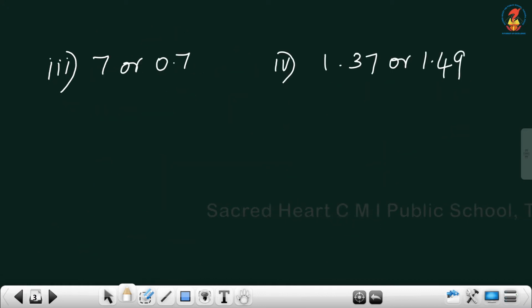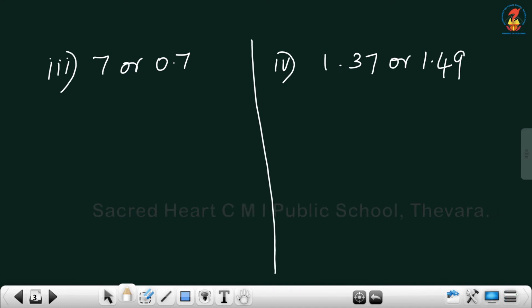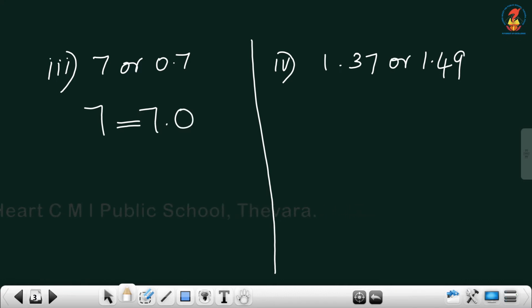Now move to the next question. 7 or 0.7. 7 is equal to 7.0. So 7.0 or 0.7, we have to check which one is greater. This is like decimal, is it?